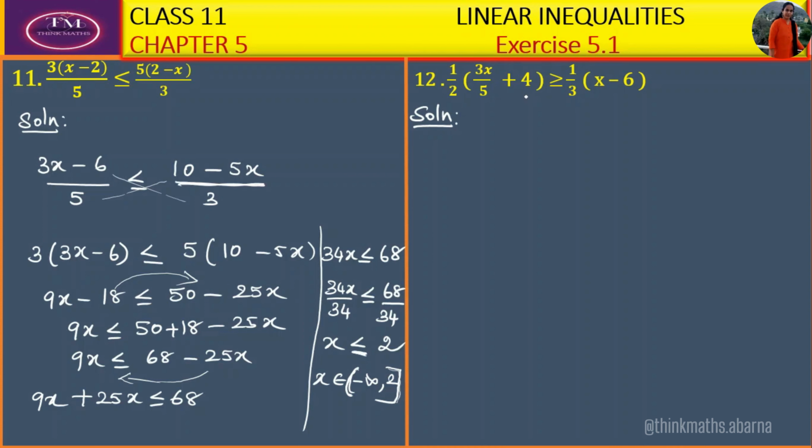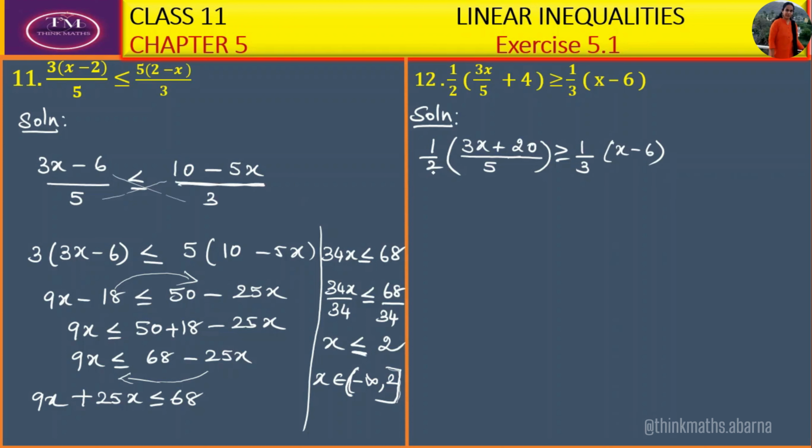So let us go to the bracket. So we have 1 by 2. In the bracket, we have to take the LCM. LCM is 5. So it is 3x plus 4 into 5, 20. Greater than or equal to, here also there is no change in the numerator. So here x minus 6.